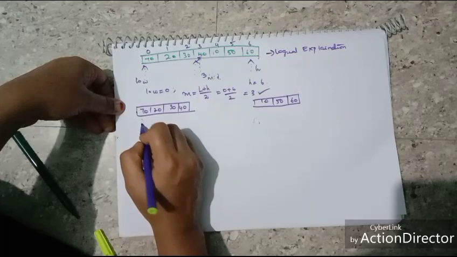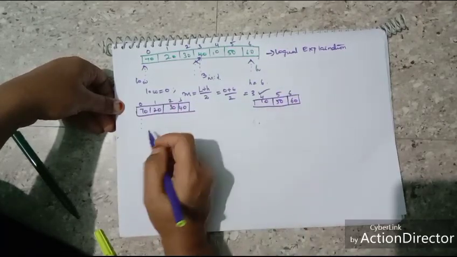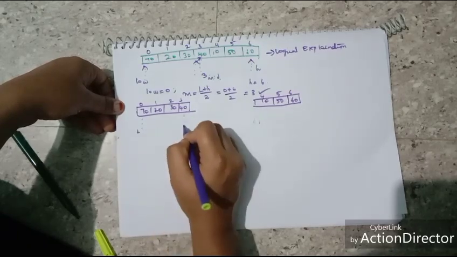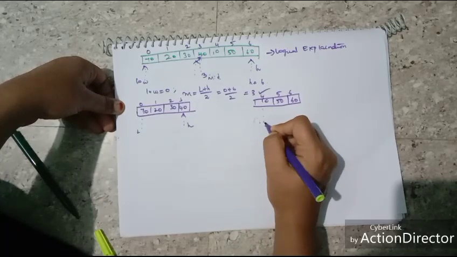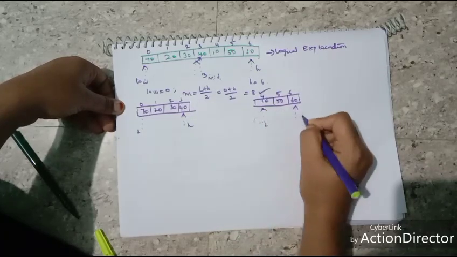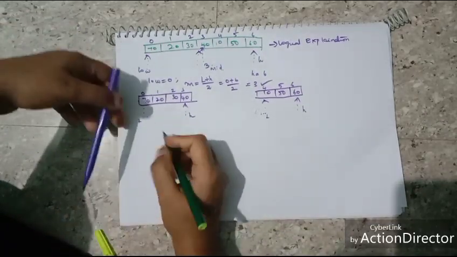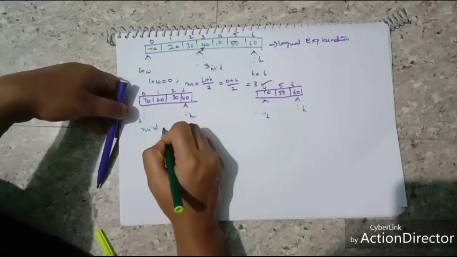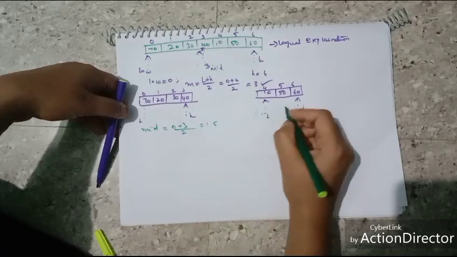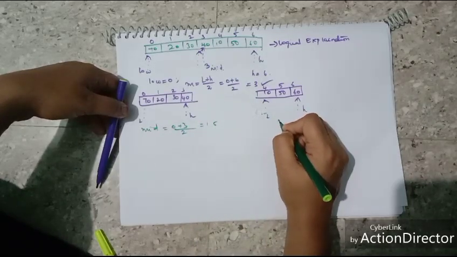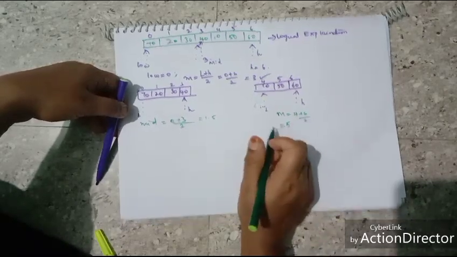Low is 0 to 3, and for the second half, low is 4 and high is 6. The middle value for the first half is 0 plus 3 divided by 2, which gives 1.5, and for the second half it's 4 plus 6 divided by 2, which gives 5.